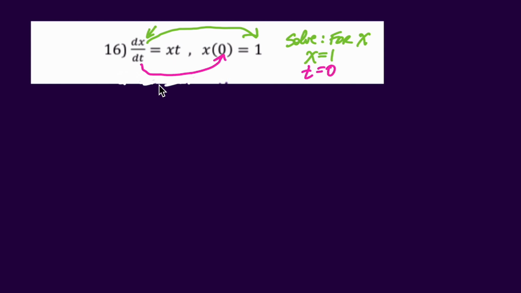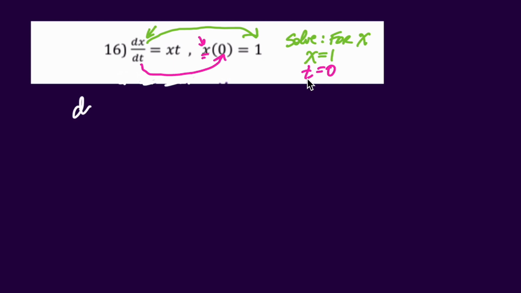Folks, you basically ignore whatever that is. You just follow the steps that I showed you, and you will be able to decipher what initial condition applies to which variable.